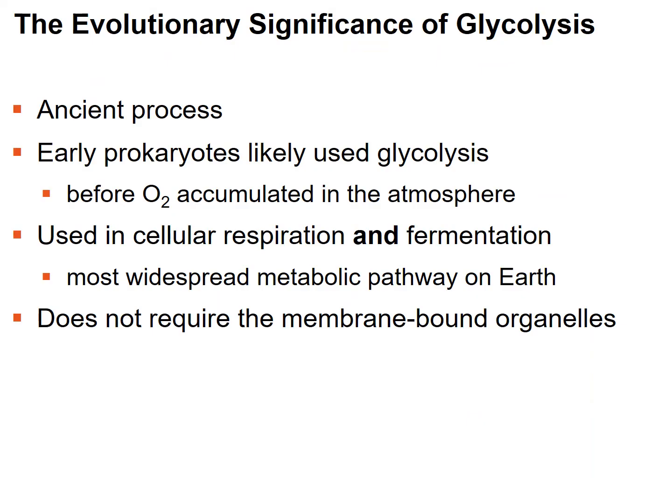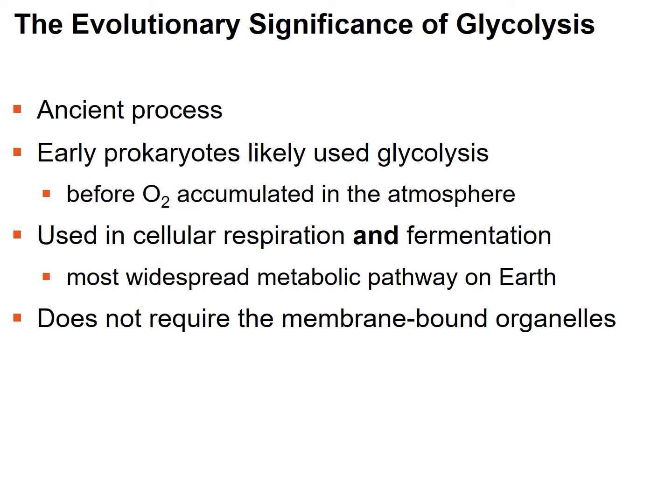So let's talk about the evolution, right, in terms of glycolysis and these processes. So glycolysis is a very old and ancient process, and the evidence of this is that basically every pathway utilizes it, right? So early prokaryotes likely used just glycolysis to produce ATP before oxygen started to accumulate in the atmosphere, right?